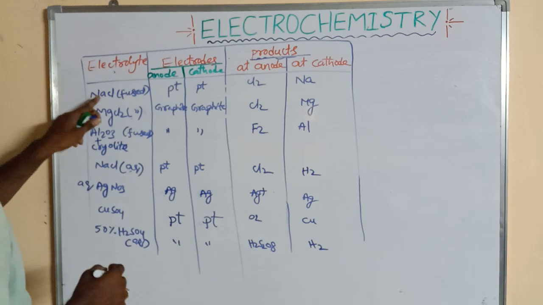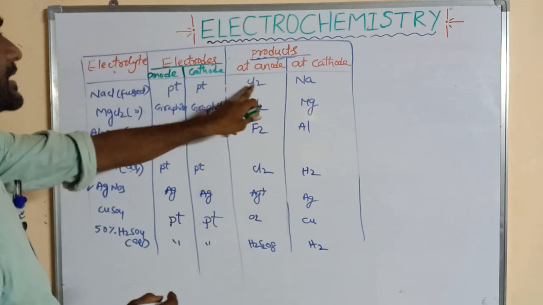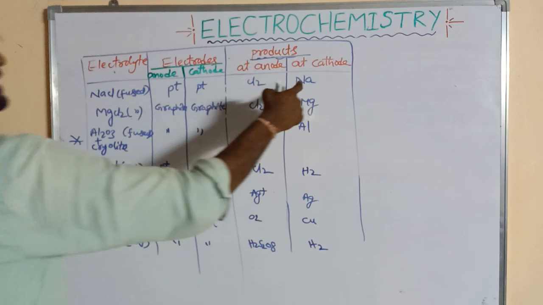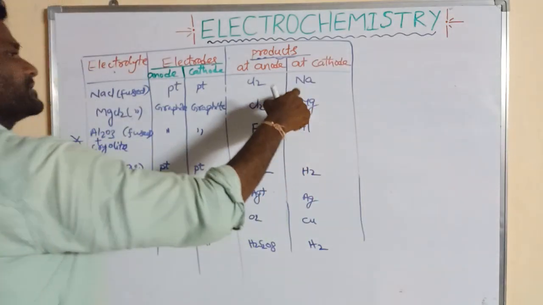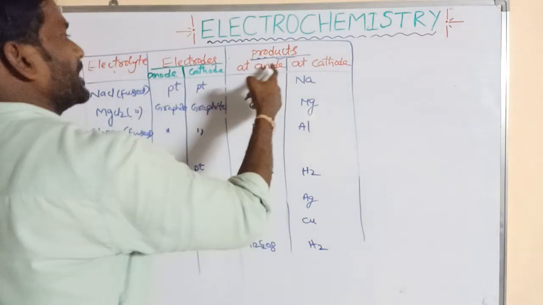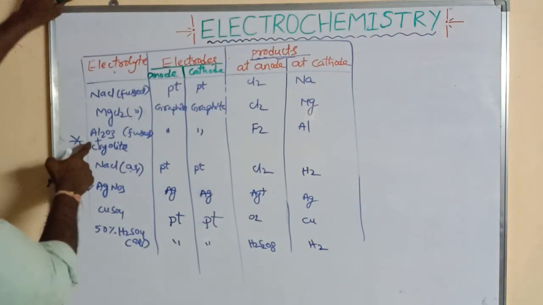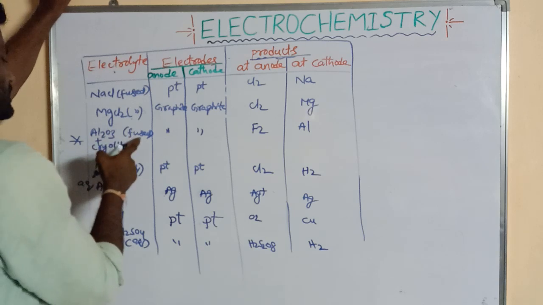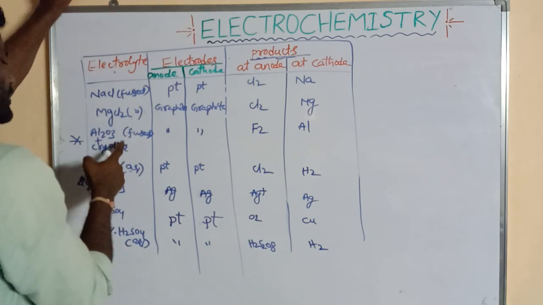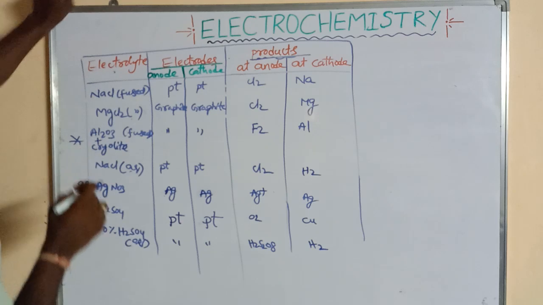Already we know that for NaCl, Na is deposited at the cathode and Cl2 is released at the anode. Similarly for all these solutions, Al2O3 and cryolite can be used in metallurgy.